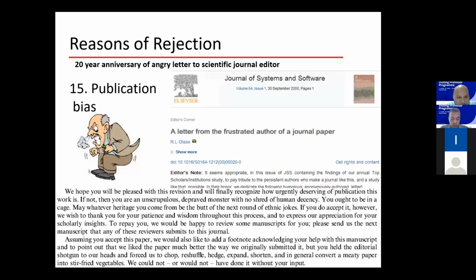Number 15, publication bias. Publication bias can happen, but in general, maybe I would say 10%. Some researchers try to involve a very well-known professor in their area, maybe like a fellow, as an author in that paper, so the chances become high.